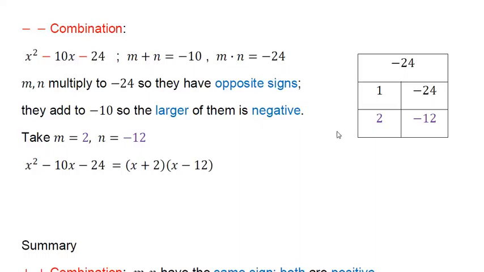But then we get 2 times minus 12, and 2 plus minus 12 is equal to minus 10, so we can take m equals 2 and n equals minus 12, or the other way around, and we get the factorization of x squared minus 10x minus 24 as the product of linear factors x plus 2 and x minus 12.